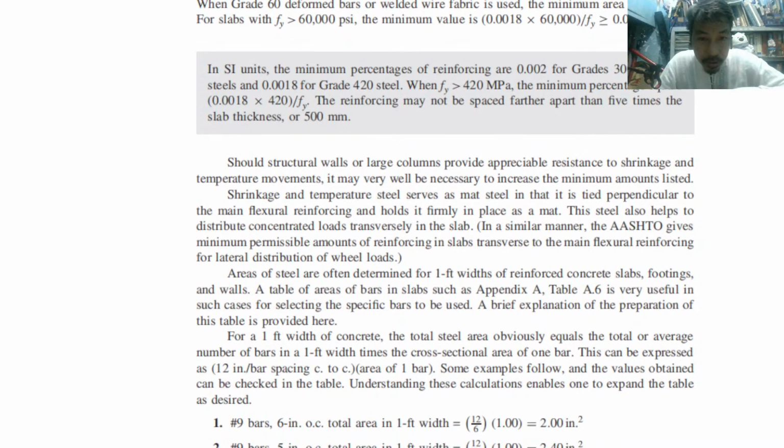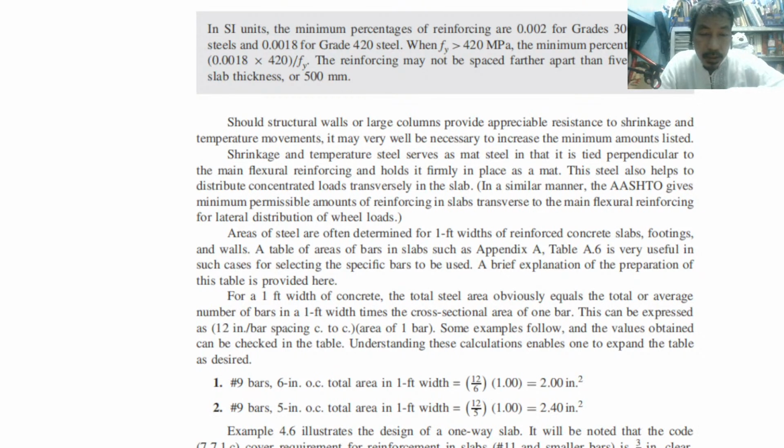So, what are the other conditions in designing this? Should structural walls or large columns provide the principal resistance to shrinkage and temperature movement, it may be necessary to increase the minimum amounts listed. So, it depends.